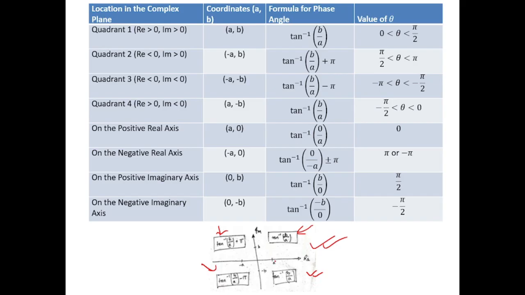So at a it will be 0, at b it is pi by 2. On the negative axis, at minus a, it will be pi or minus pi. Okay, and when it is minus b, it will be minus pi by 2. Basic trigonometric functions. Okay, so this is the thing.